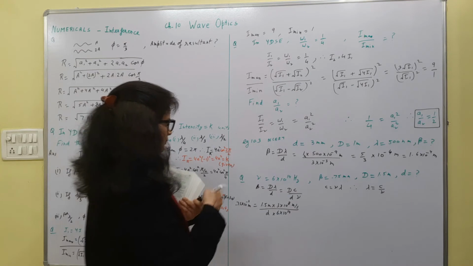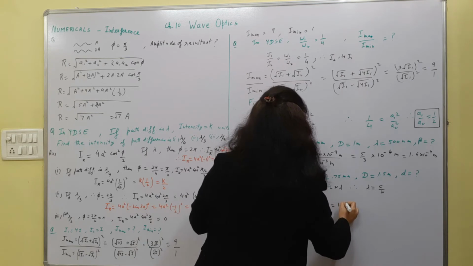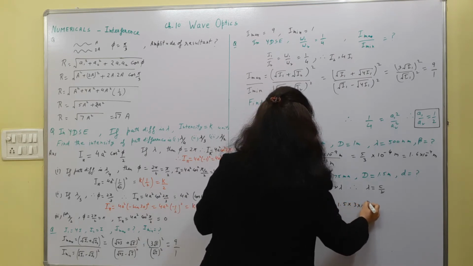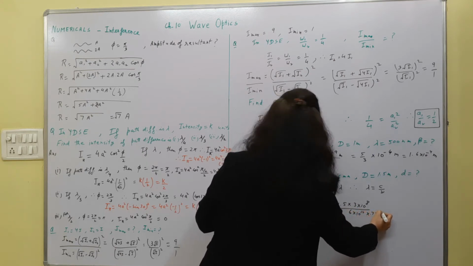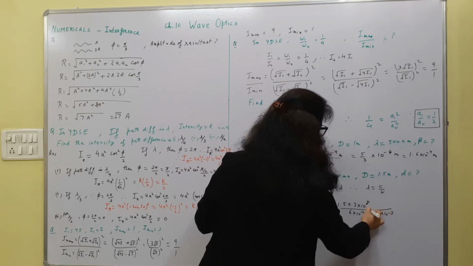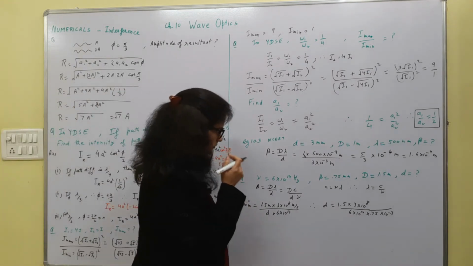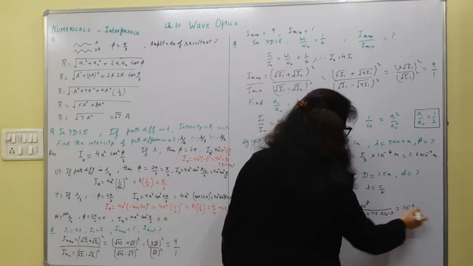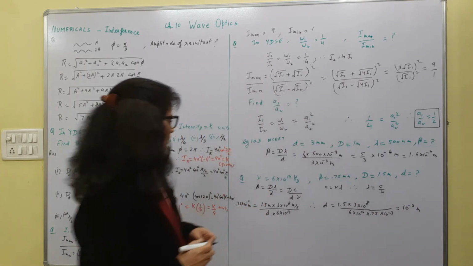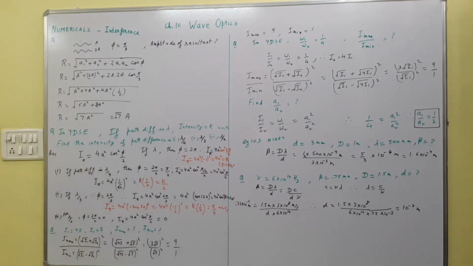So this gives me d: 1.5 into 3 into 10 to the power 8 upon 6 into 10 to the power 14 into 0.75 into 10 to the minus 3. On solving, we'll get 10 to the minus 3 meter. So this was about these questions. We can take few more questions after rubbing the board.